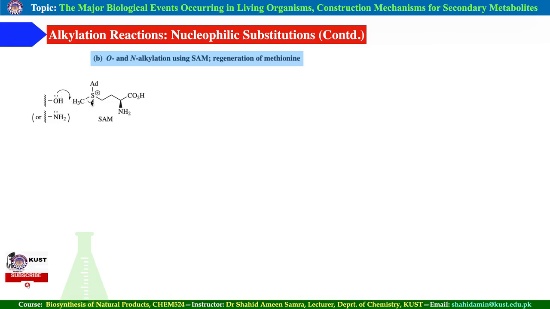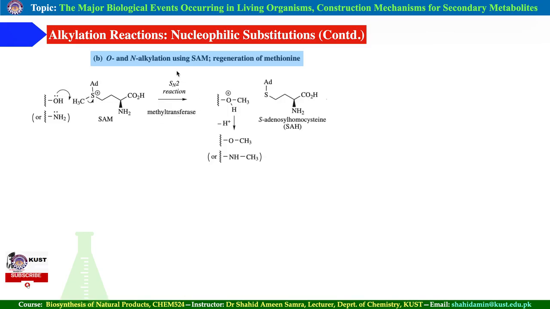So as a result, we will have a structure like this because of this SN2 reaction again, and the enzyme involved here is methyltransferase. So as a result, this methyl will be attached to this oxygen, and this oxygen will acquire a positive charge because it has utilized its lone pair of electrons to make a covalent bond with this carbon, which comes towards this oxygen by losing its bonding pair towards sulfur.